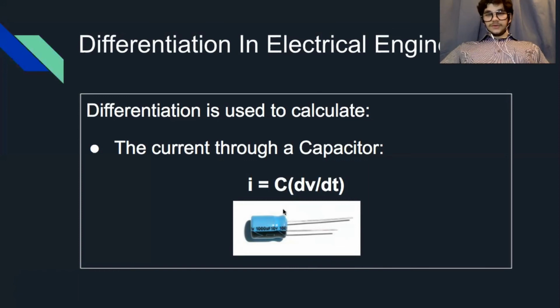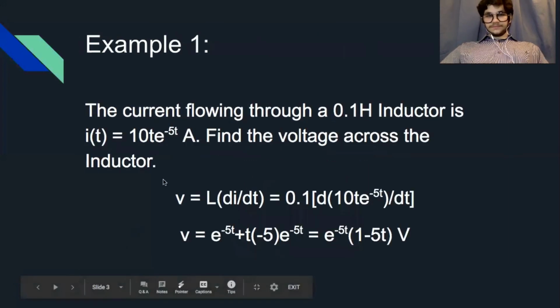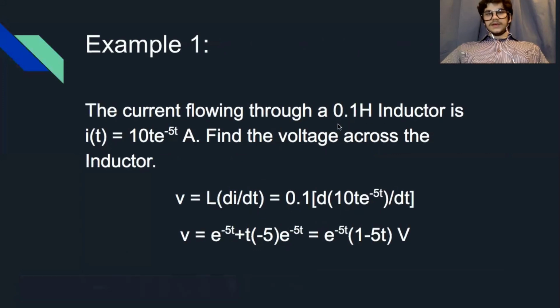Now, I'll be showing you a simple example for each of these formulas, starting with example 1. We are given an inductor with an inductance of 0.1 Henry and a current flowing through it of 10t multiplied by e to the power of negative 5t amps.